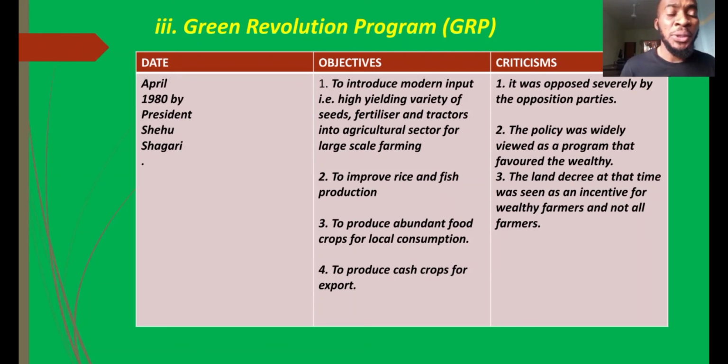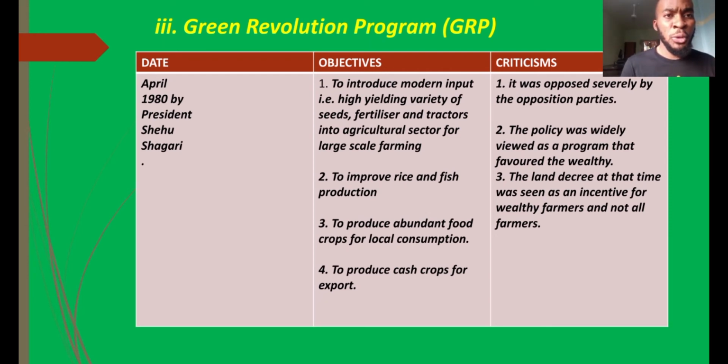Now I've made mention of cash crops. Some of the farm produce we export here in Nigeria are cocoa, cotton, rubber, groundnut, and palm produce, either palm kernel or palm oil.